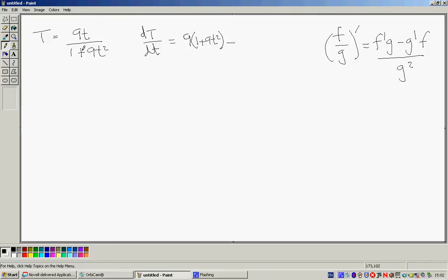Well, the derivative of 1 plus 9t squared is just 18t, times f, which is the numerator, so times 9t, all over g squared, so 1 plus 9t squared all squared. And we're interested in putting that equal to minus 1.